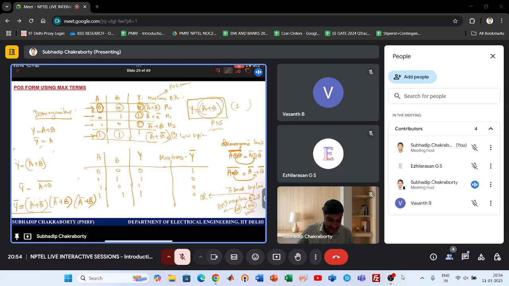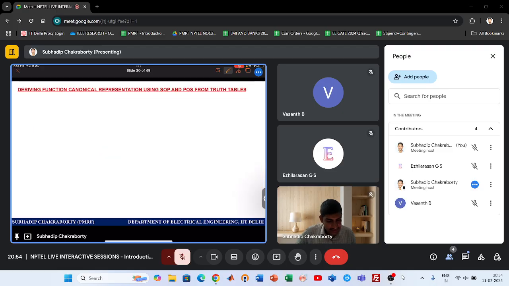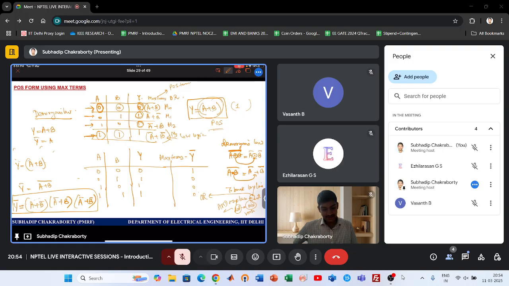You will be able to check this only when I tell you some more theorems, right? So let us take some more theorems later, and first try to make your grip over this. But remember, if you would have represented the high terms with the max terms, then you would have got the inverted function. So up to this, just remember, I will make you prove this at a later stage.